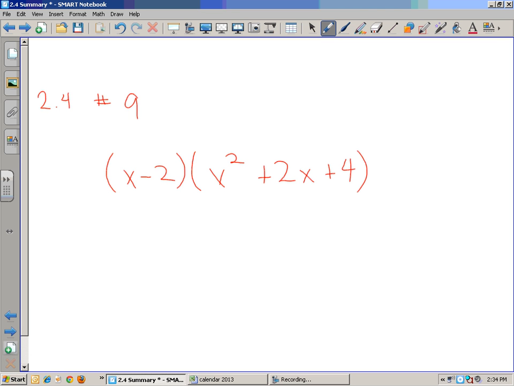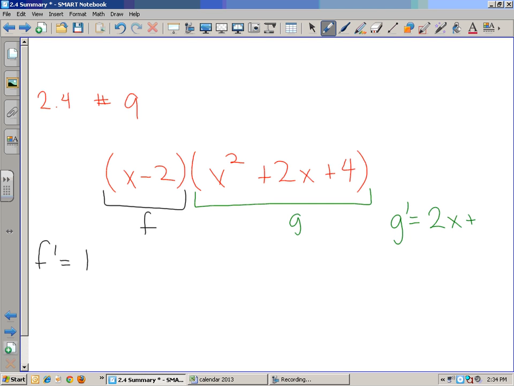Okay, so that's the original problem. Now we want to call that f. So now I need f prime, which is just 1. Then I want to take a look at the second piece, which is g. So I need g prime, which is going to give me 2x plus 2.